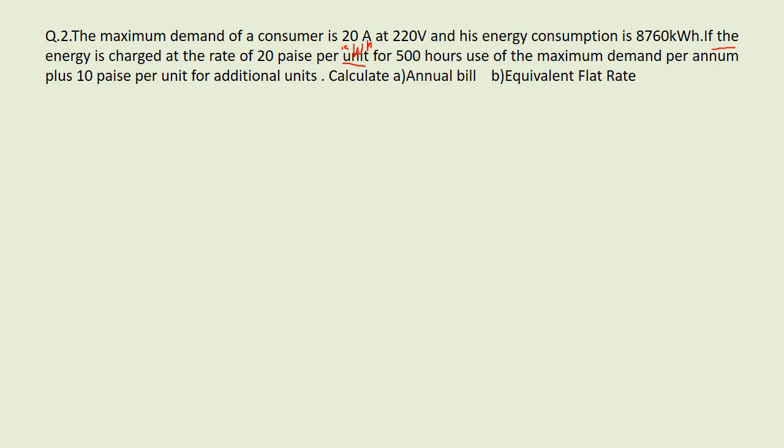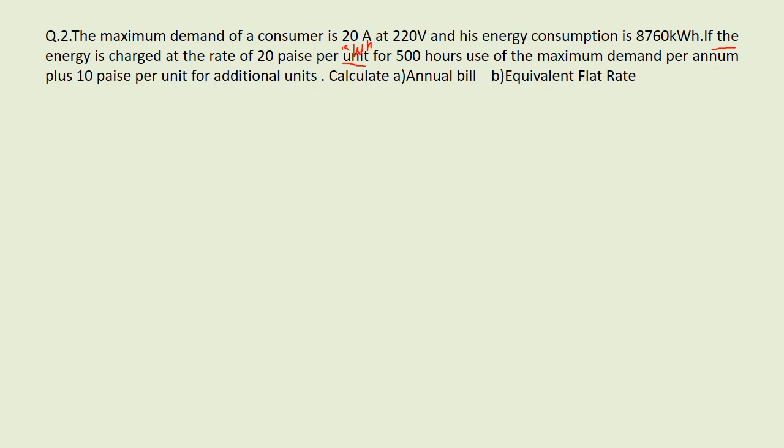Here we are charging on both parts in kilowatt hour, but at different rates: for 500 hours we are charging 20 paise per kilowatt hour, and after that it is 10 paise for additional units. Okay, so that is the difference you can see between the previous and this problem.